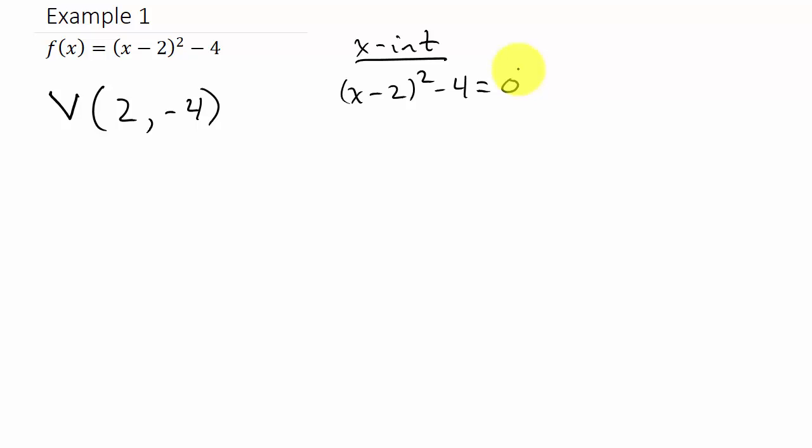That's the way you find your x-intercept. So remember how to solve this. I'm going to move the 4 over, and so that's x minus 2 squared equals 4. And then I'm going to take the square root of both sides. I'm going to use the square root property. So I get x minus 2 equals plus or minus, remember the plus or minus, the square root of 4.